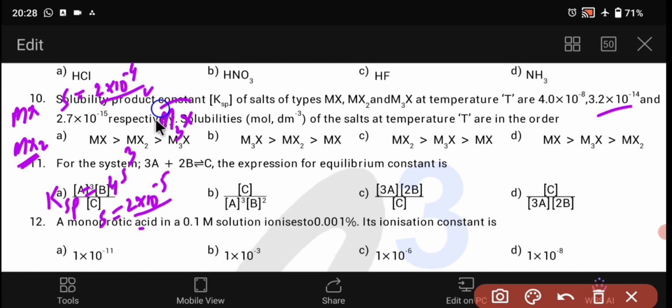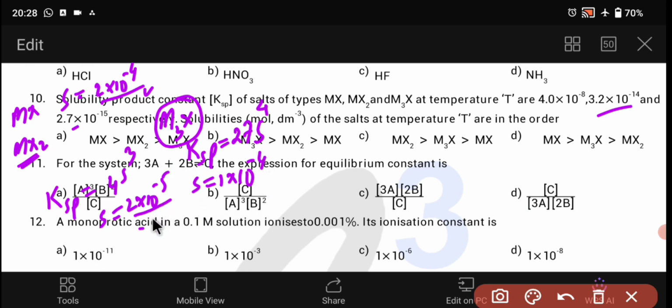And for M3X, which produces 4 ions, the relation between KSP and S is KSP equals 27 S to the power 4. After putting the value of KSP, which is 2.7 into 10 power minus 15, S comes out to be 1 into 10 to the power minus 4 mole per liter.